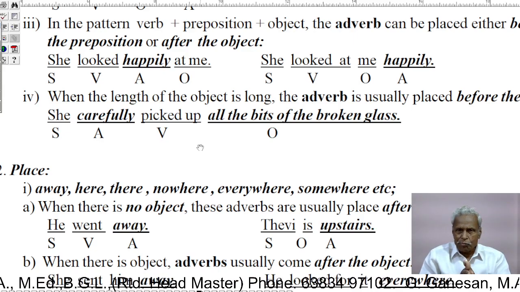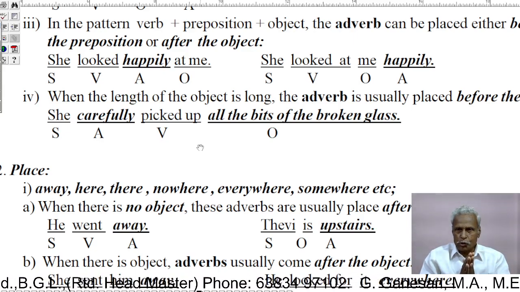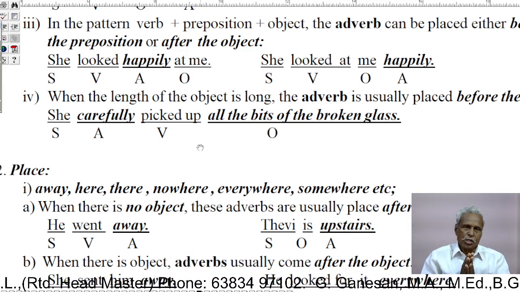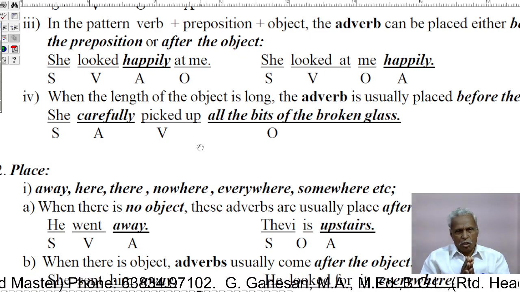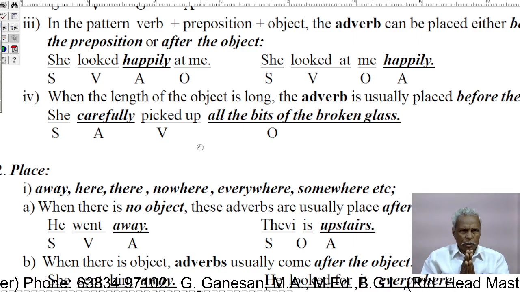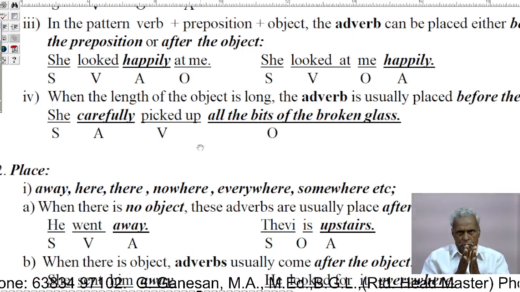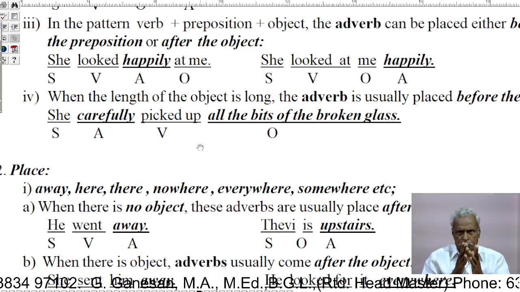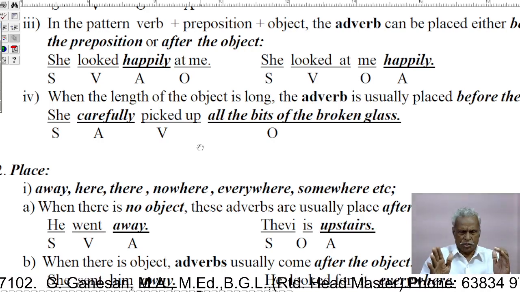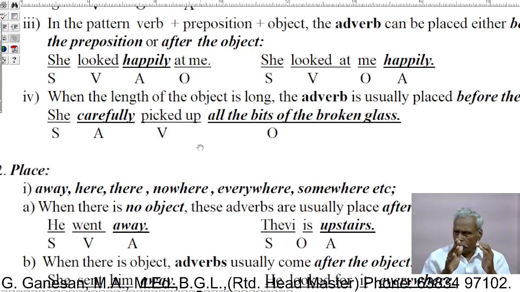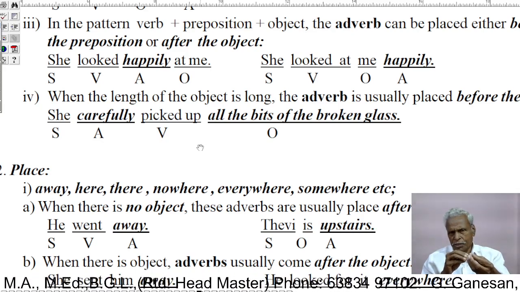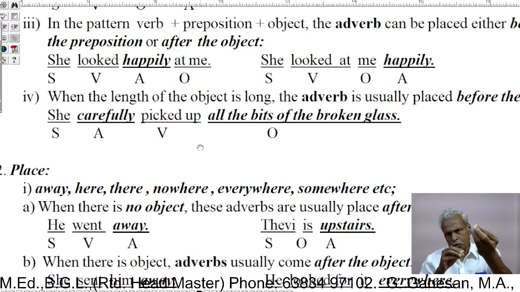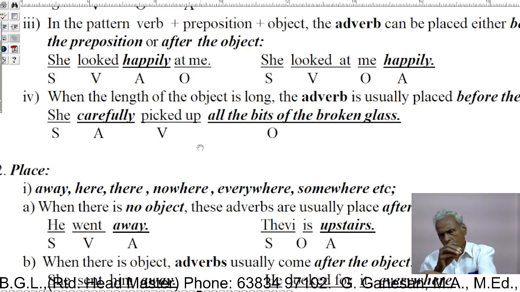When the length of the object is long, the adverb is usually placed before the verb. That is, in the normal pattern of subject plus verb plus object, when the object is small, the adverb is placed after the object.